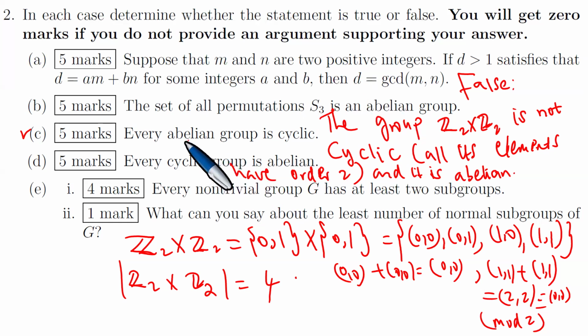The claim is that every abelian group is cyclic. This group is, of course, abelian, because these are integers and you can add them either way; you can change the order. Like 2 plus 1 is the same as 1 plus 2, and 0 plus 1 is the same as 1 plus 0.